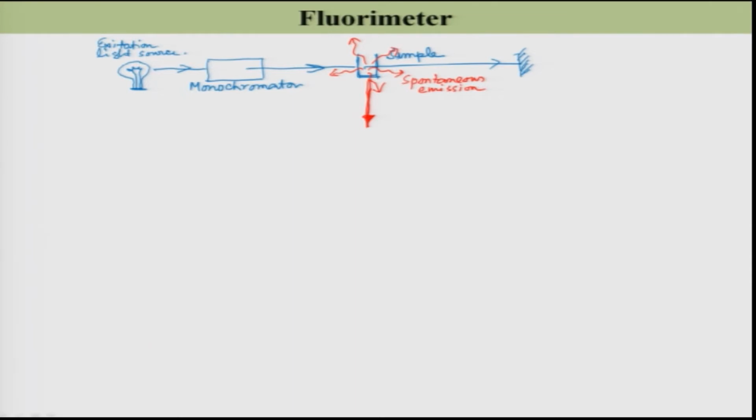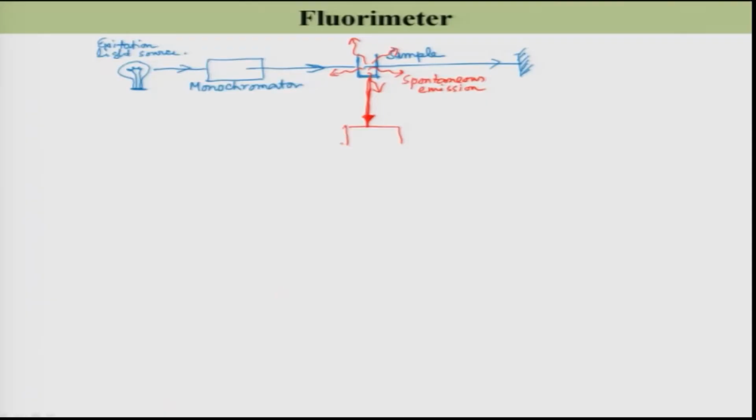To measure the intensity of the constituent wavelengths, I need to disperse this light, similarly with a monochromator. So, I must have a monochromator here, where the constituent wavelengths of the emitted light are dispersed, so that I can measure the intensity of each wavelength individually. Okay, so this is the monochromator.